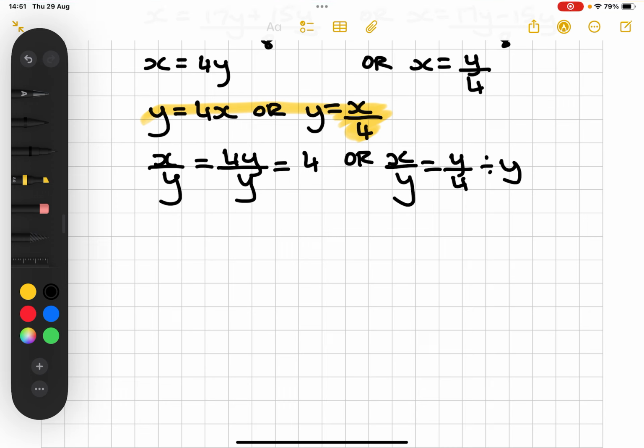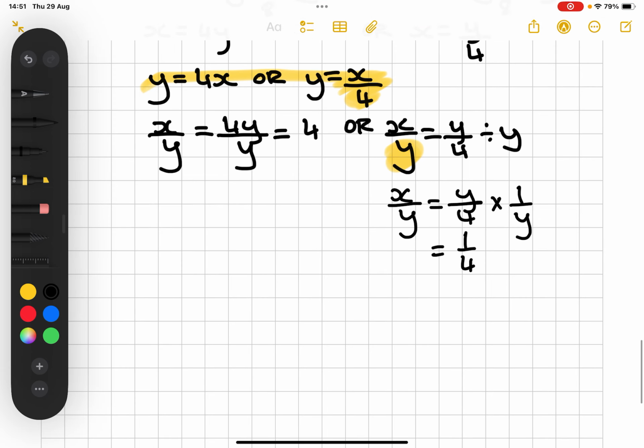Because obviously, this divided by y. Okay, that leaves us with x over y is going to be equal to y over 4 times 1 over y. So the y's are going to cancel, and we're left with a quarter. Okay, so your values are x over y is equal to 4 or 1 over 4. Okay, so that's your final answer.